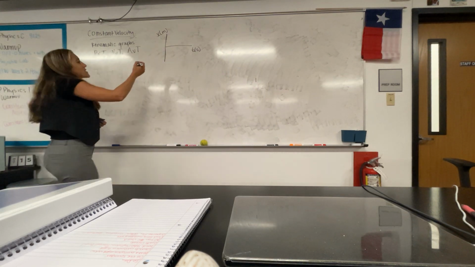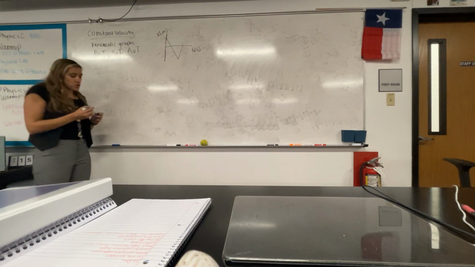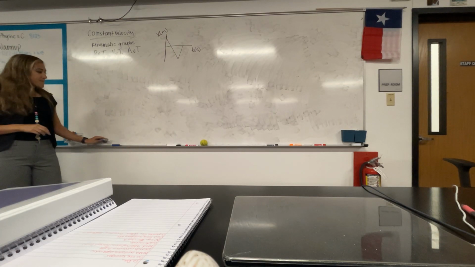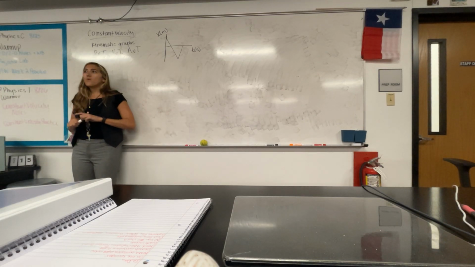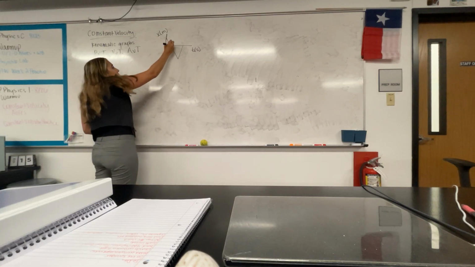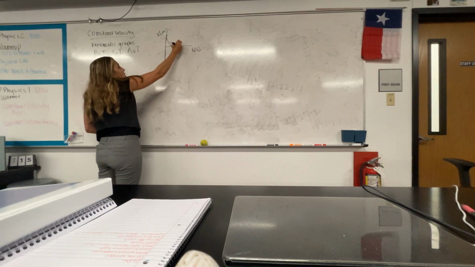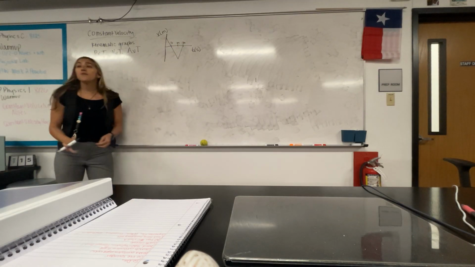So if this is my position graph, I'm going to start with a simple one. We'll just do something like that. That's my position graph. First one up. So let's see what we know about this position graph. So I'm going to call this 1 second, call this 2 seconds, and that guy 3 seconds, so you know what I'm talking about.